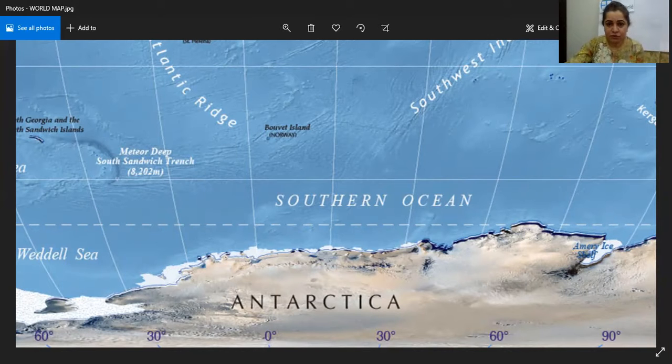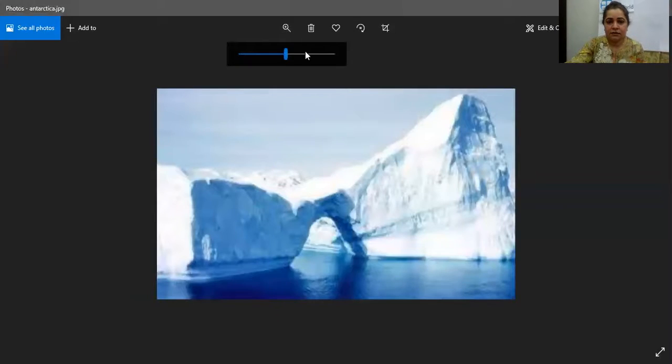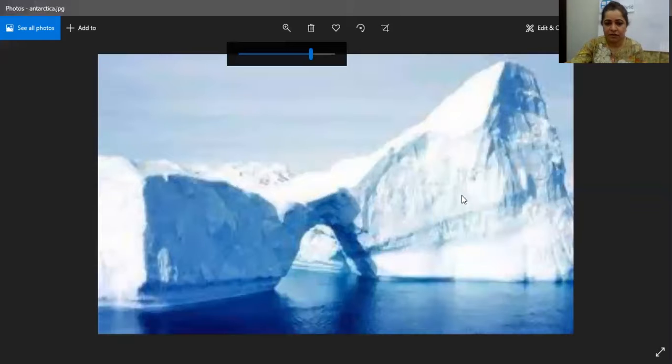I just want you to have a look at the picture of Antarctica. This is all covered with ice, and there are no permanent residents, and this is at the bottom of the world, right?